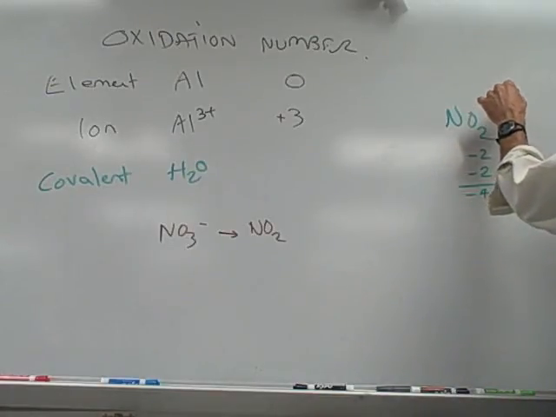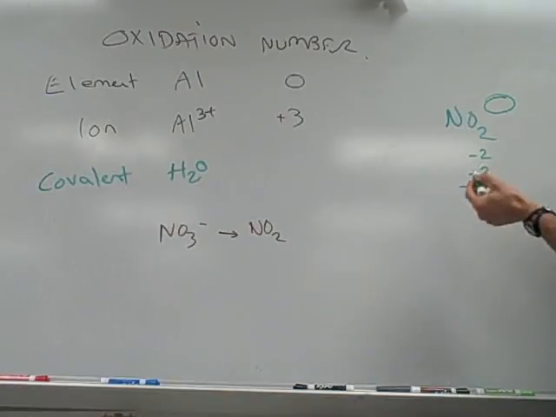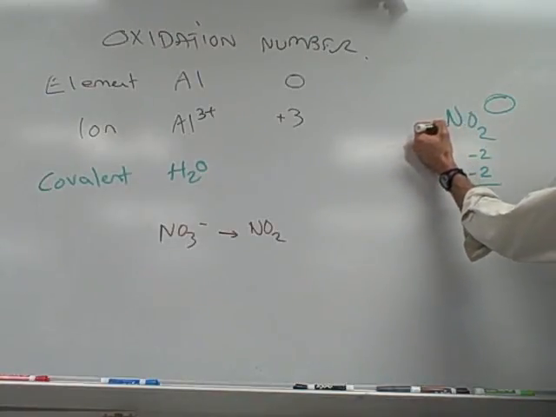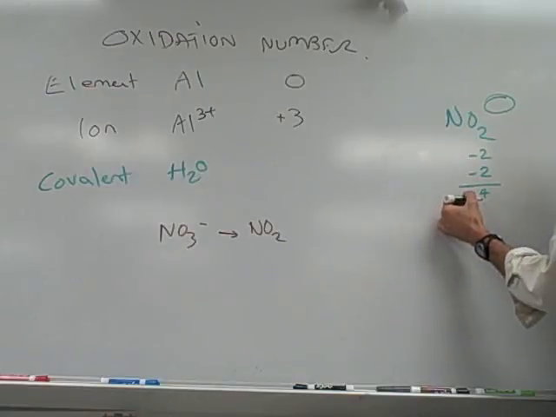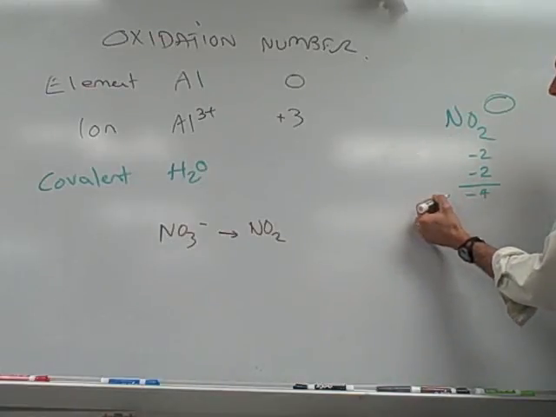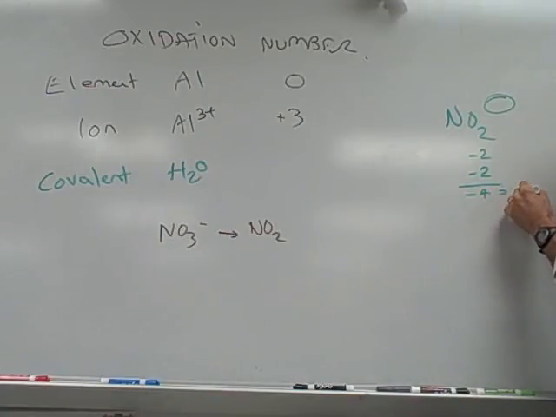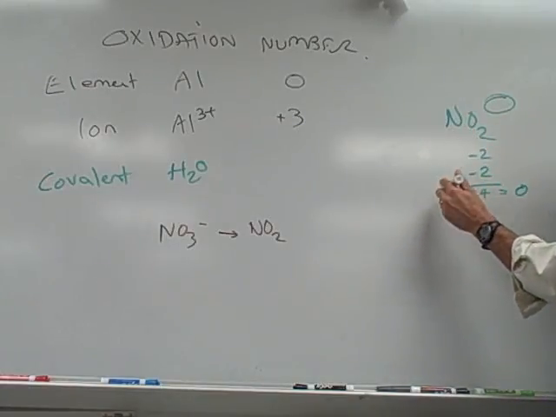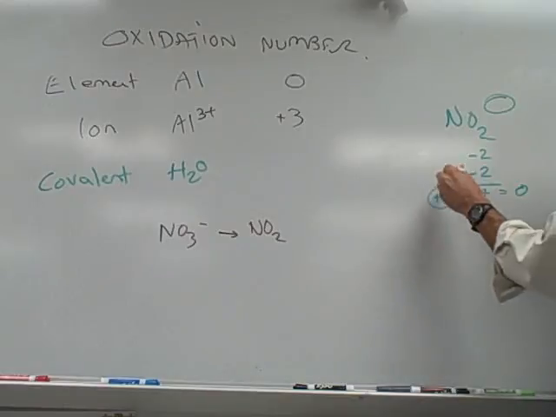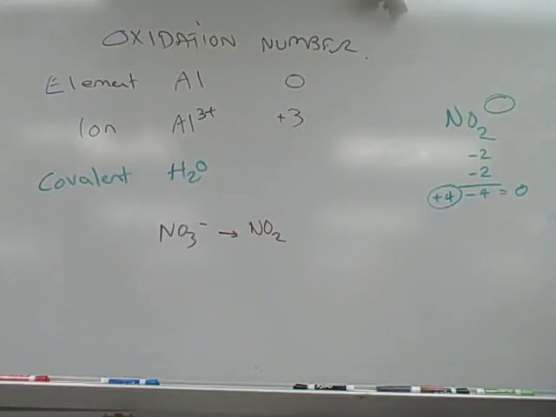If this thing is neutral, it has no charge, it's that brown gas you saw, then the oxidation numbers of the oxygens plus the oxidation number of the nitrogen have to add up to 0. What, therefore, is the oxidation number on the nitrogen? +4. Does that make sense?